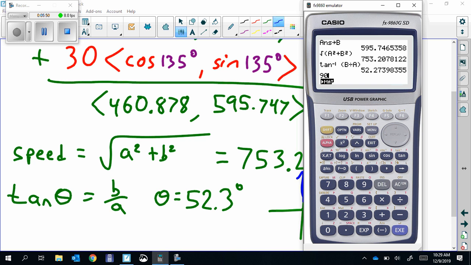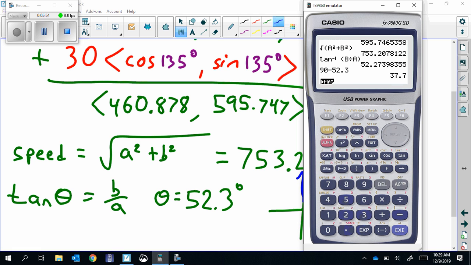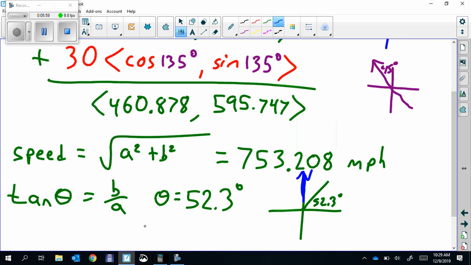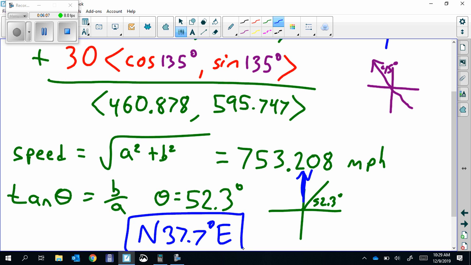So 90 minus 52.3, 37.7. So that's how we measure it from north. 37.7 degrees towards the east. And we had our speed up here.